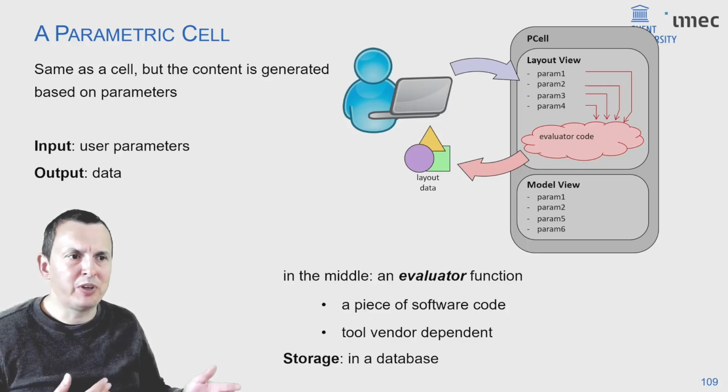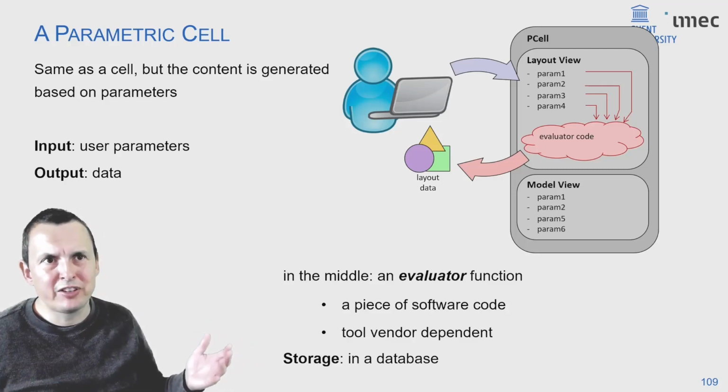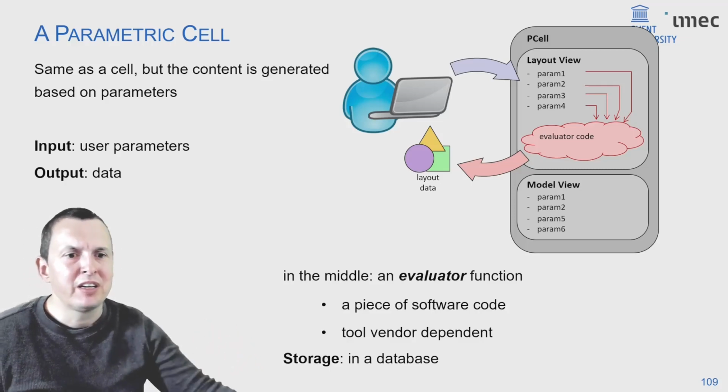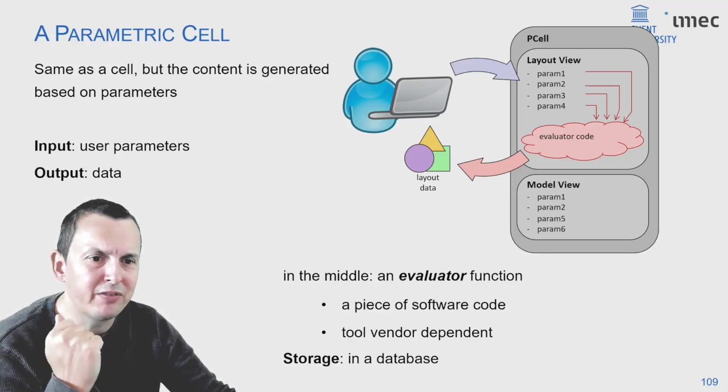Now the problem with such an evaluator is that this is tool vendor dependent. It's a piece of code. It's not static data, and there's no standard to really write these evaluators. These are very, very tool dependent.